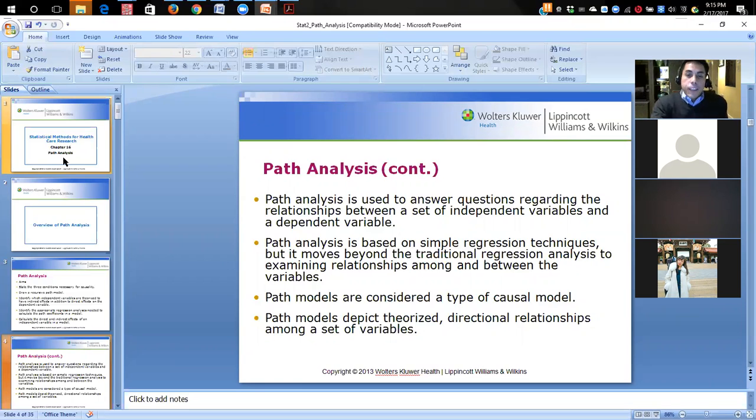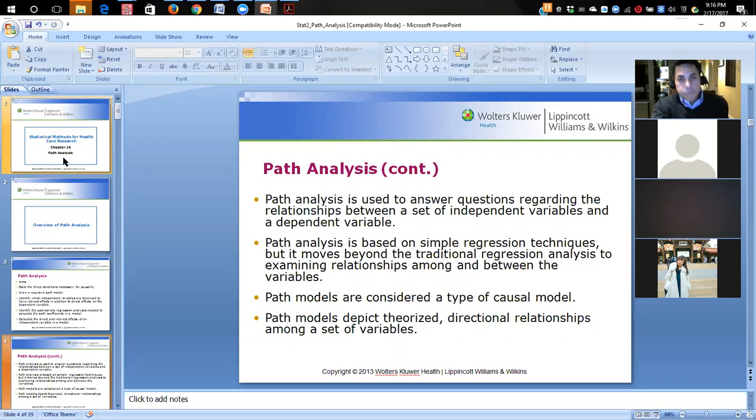So that's how I'd like you to remember what path analysis is: that it's recursive, but it's quite ironic that it doesn't allow circular path analysis once you've already reached your dependent variable in your theoretical model.